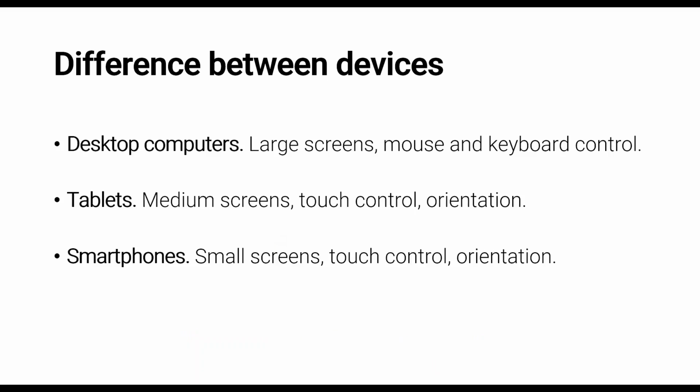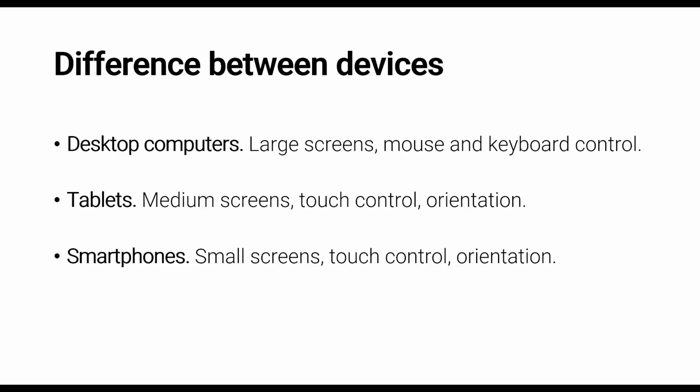So yeah, let's move on to the difference between devices. There are three different types of devices that students use for online course completion. They're a desktop, tablet, and a smartphone. And the main difference is the screen size and the aspect ratio.